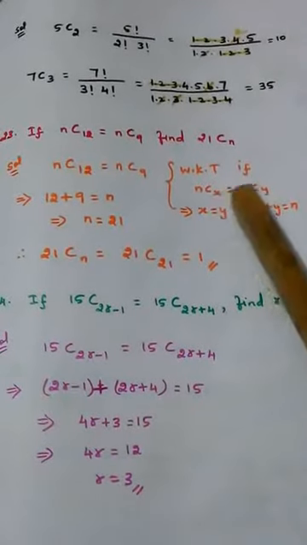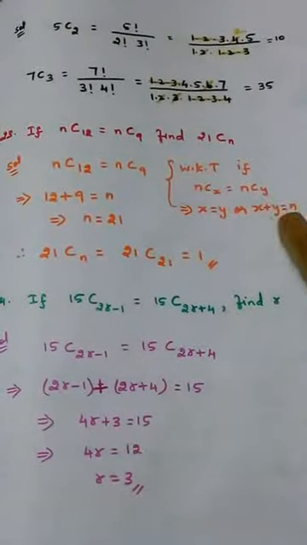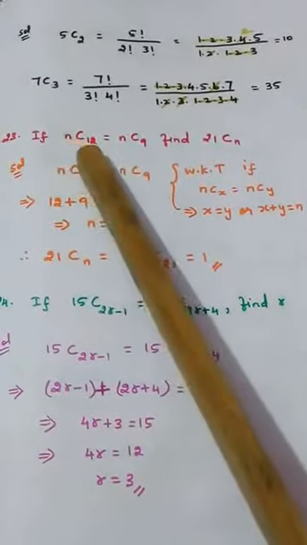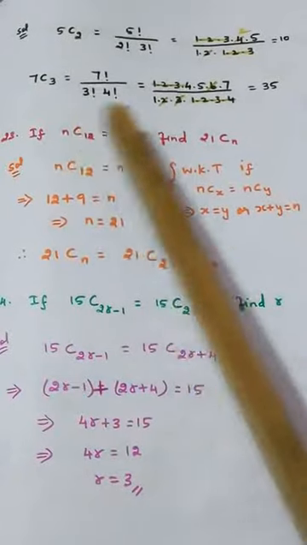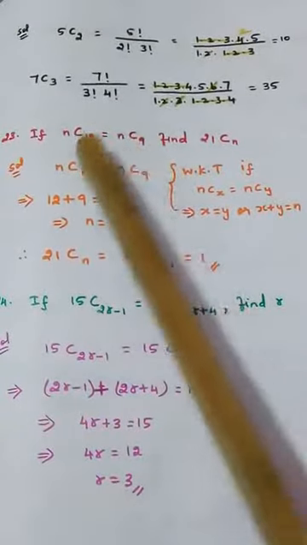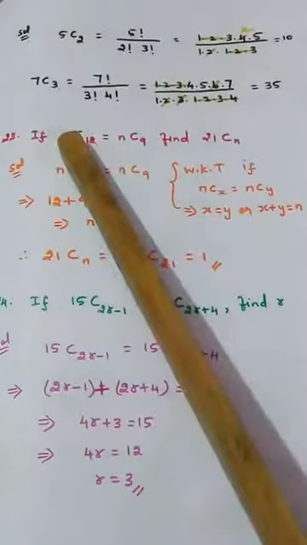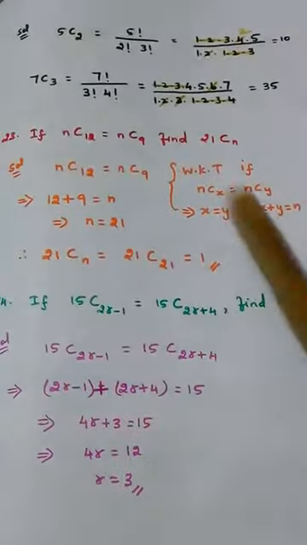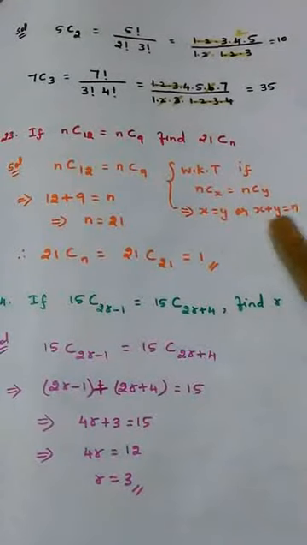Either x should be equal to y, or if I add x and y, the answer should be n. Since by seeing itself, I can easily say 12 is not equal to 9. The combinations are equal, but 12 cannot be equal to 9. So in this case, x is not equal to y, because 12 and 9 are different. So automatically which option will come? x plus y equal to n we have to take.